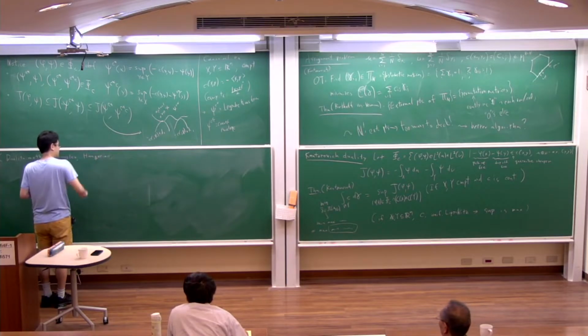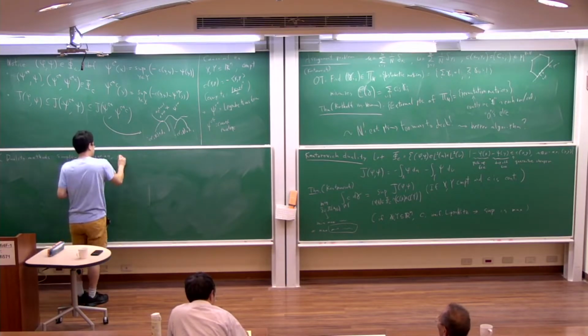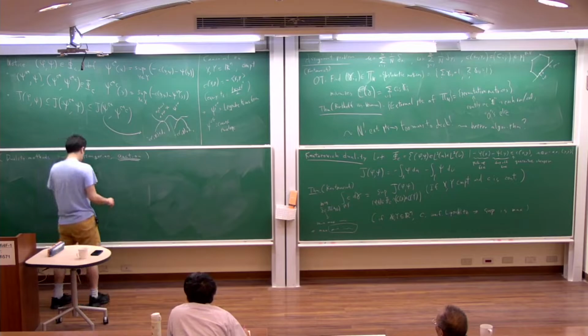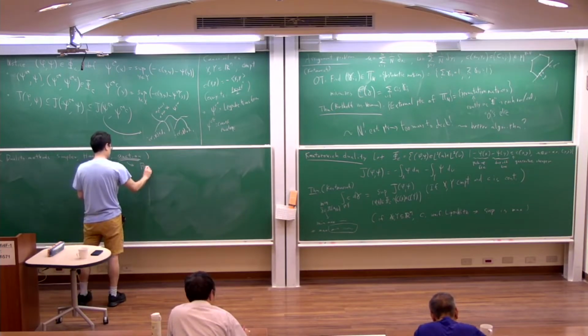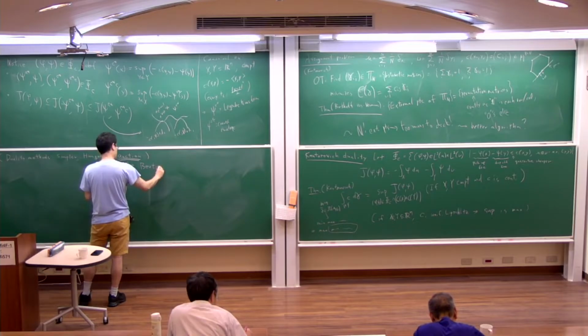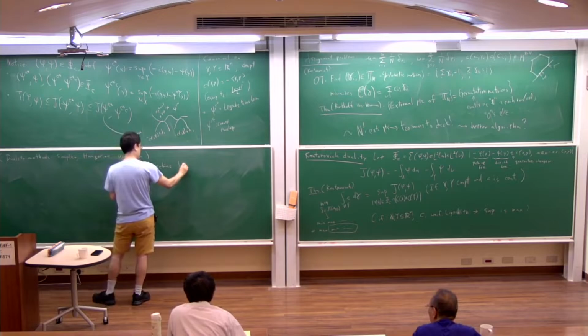But the one I'll talk about today is specifically called the auction algorithm. This was originally proposed by Bertsekas in 1981.